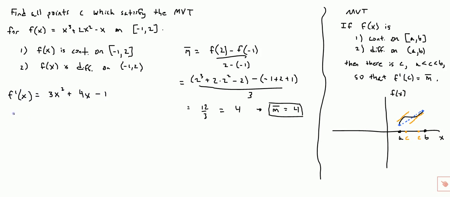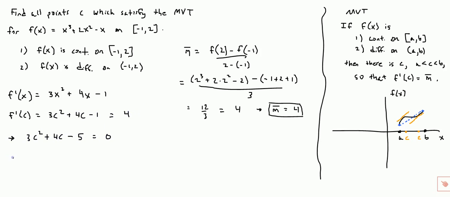And then f prime of C is 3c squared plus 4c minus 1. That has to equal 4, the average slope. So this is solving a quadratic equation, right? 3c squared plus 4c minus 5 equals 0.